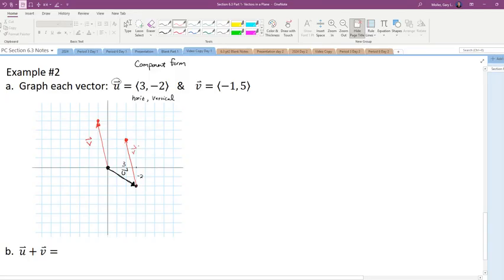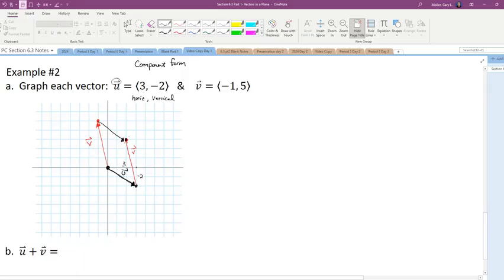Or I could have taken vector u, if I had done vector v first, this red line, then I could take the tail of u and start it at the head of v. So vector u is over 3 and down 2. 1, 2, 3, 1, 2. Notice that puts me at the same spot.